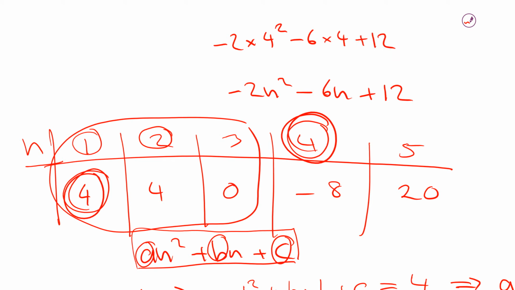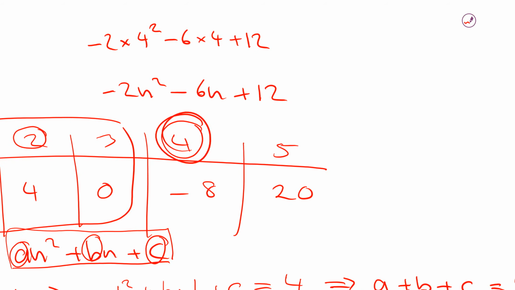Okay, let's see what happens. So 16 times minus 2 is minus 32, minus 32 minus 24, plus 12. Whoa, what is that? That would be minus 8 plus 12.